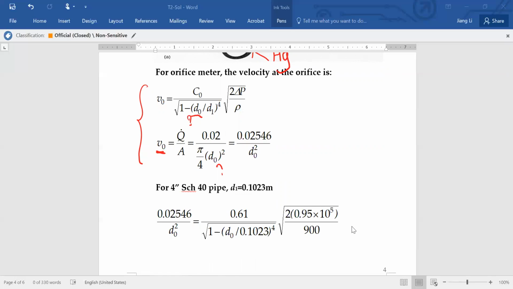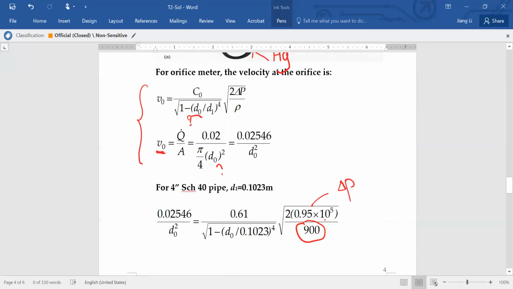So it means the following part, you are going to solve a simultaneous equation to find the DO, which is unknown, okay? Please also take note, here you have this 900, which is actually the density of the crude oil flowing inside the pipe. And this value of delta P is already given directly. You no need to calculate further, it's already given.